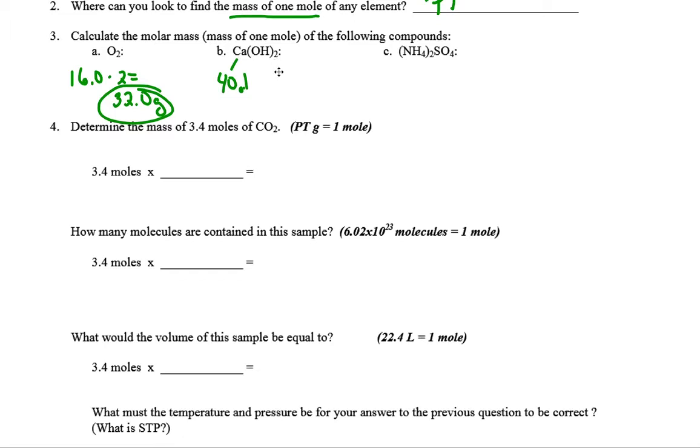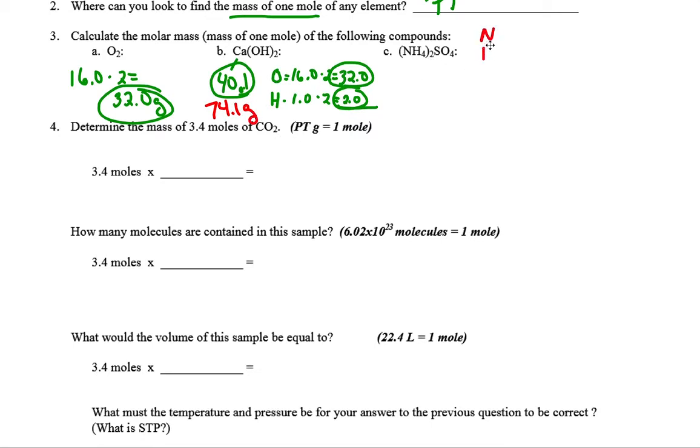So there's OH and OH. There's oxygen, which is 16.0, and there's 2 of them, so that's 32.0. And then there's hydrogen, and it's 1.0, and there's 2 of them, so that's 2.0. So if you add this all up, the 40.1, the 32, and the 2, you end up with 74.1 grams.